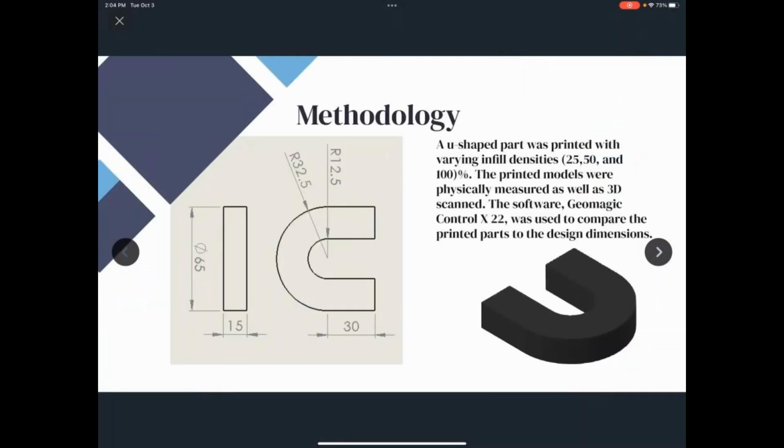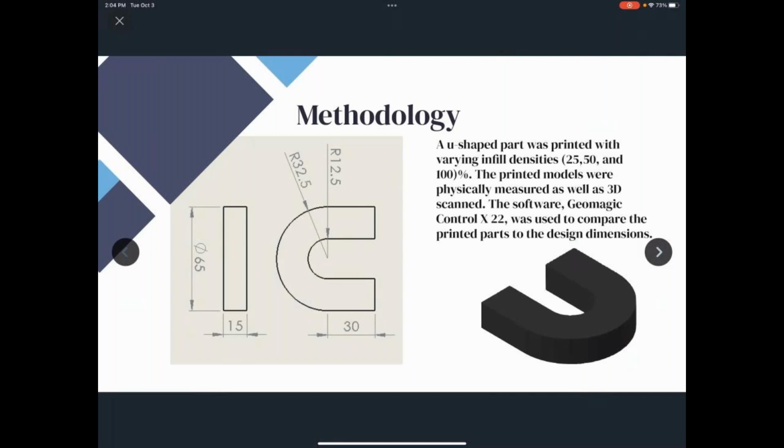In this slide, I'm going to show you the SolidWorks model of our sample and our dimensions. It was a U shape, as I just mentioned, inspired by dental retainers. We chose three different densities, which were 25, 50, and 100% infill.